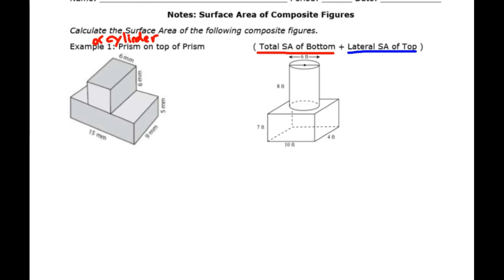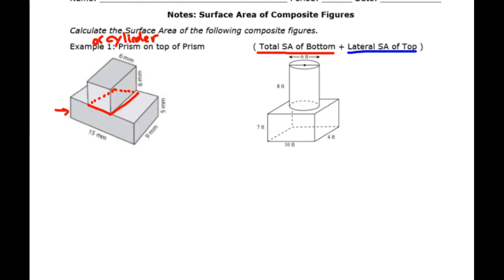Let's talk about the bottom. Look at this first example on the left. I have two prisms, right? Now, the bottom prism, would you agree, almost all of it is exposed, except for where they meet. So there's this rectangle that is subtracted from it, right? So here's what we're going to do.